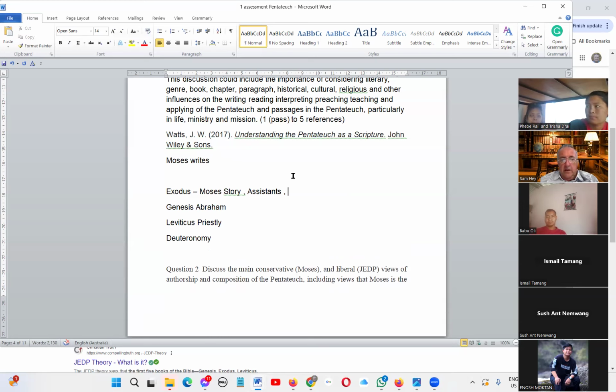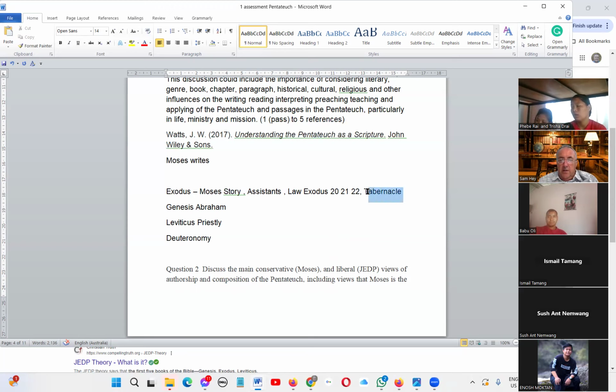In Exodus, which is the Moses material, we have a little bit about the law, particularly in Exodus 20 and 21 and 22. And then we have a little bit about the tabernacle and the priestly material in Exodus 23 through to 40.